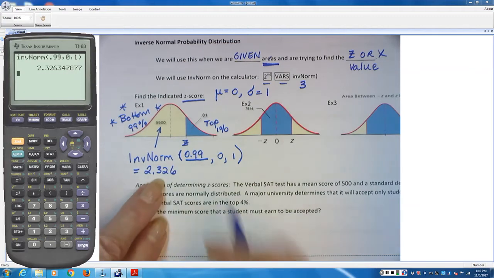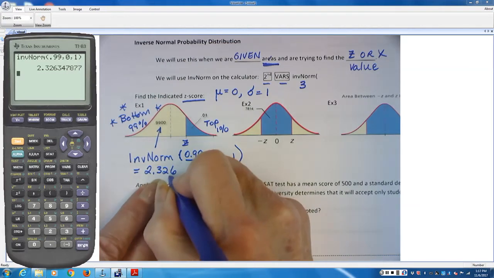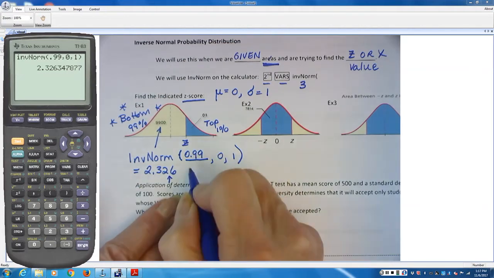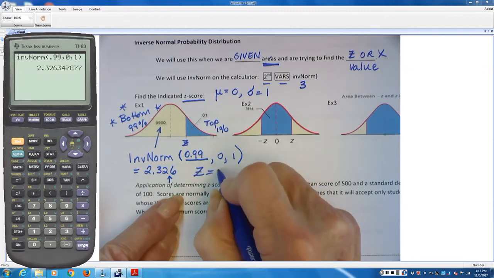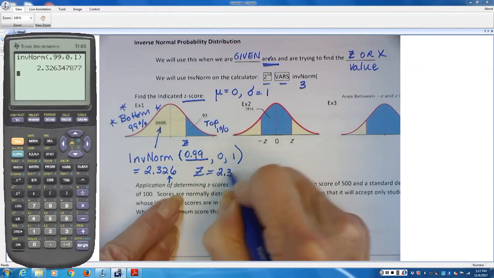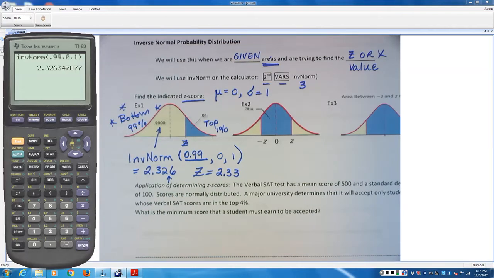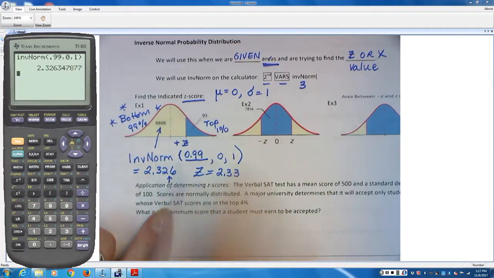Since we actually only want to round it to 2 decimal places, that z-score is going to be 2.33. And it's important to notice that it's positive because it's above the mean.